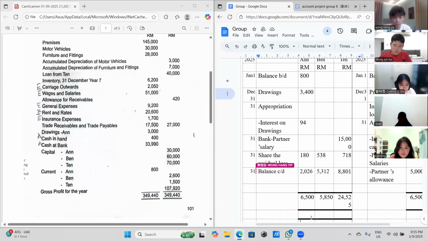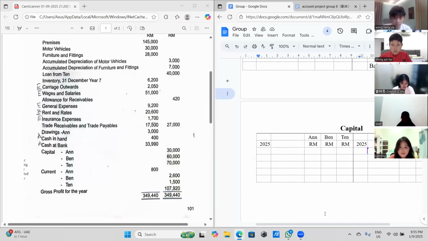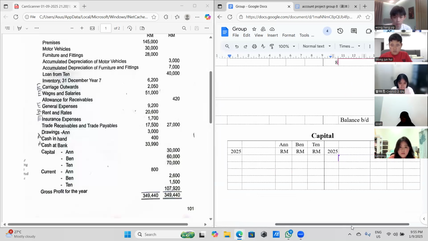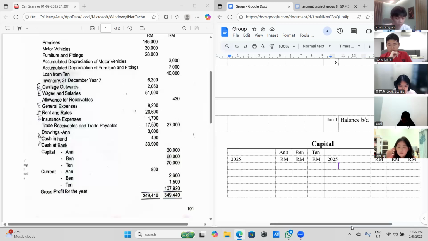And we have the balance BD here. Then this is the year 8. Then 1, and the amount is 2,026, 5,312 and 8,801.